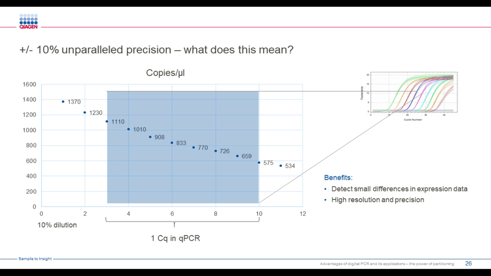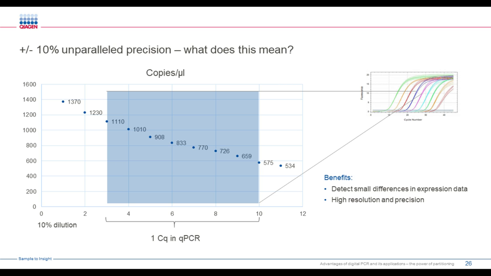However, when we talk about resolution, gene expression is outstanding with digital PCR, because we talk about plus minus 10% unparalleled precision. What does that mean? If you see the blue area here in the presentation, that equals the difference you have in the CQ value with a 2-fold dilution in a real-time PCR.